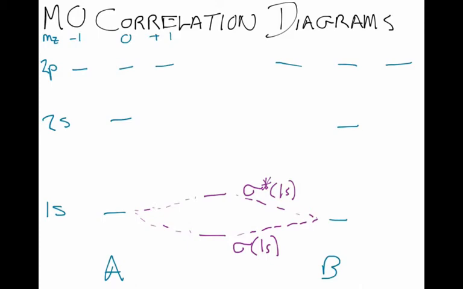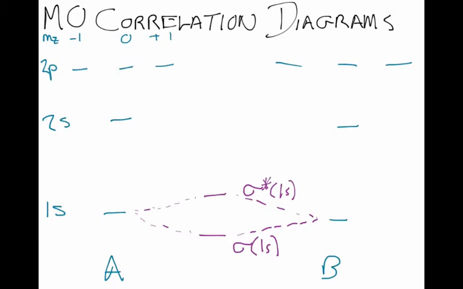And a basic rule here is the splitting is very, very close to symmetrical. In other words, the increase in energy for the sigma star relative to the separated 1s orbitals is just about the same as the decrease in energy associated with the sigma. And so they split fairly symmetrically.